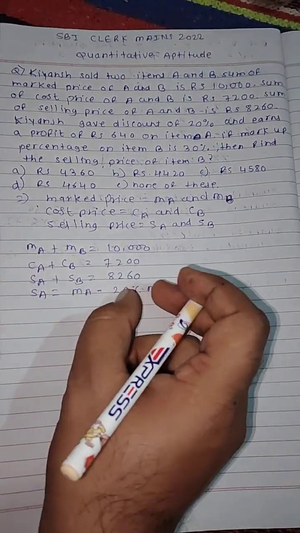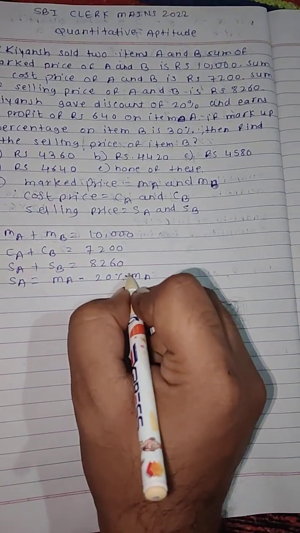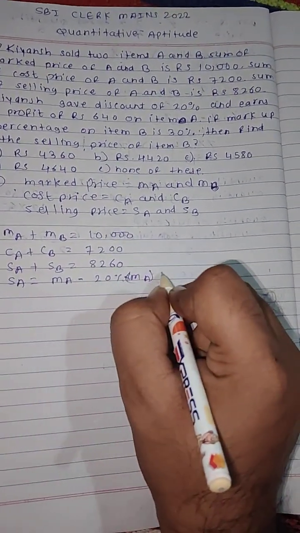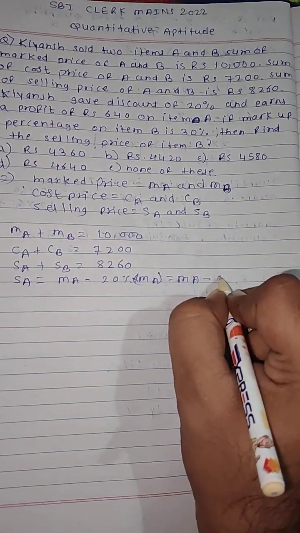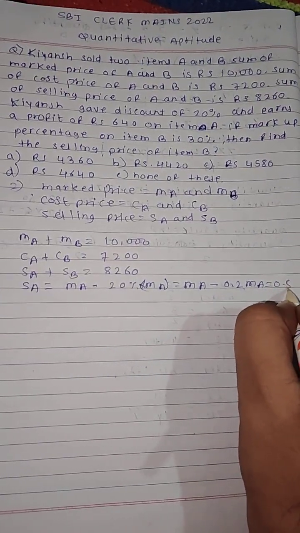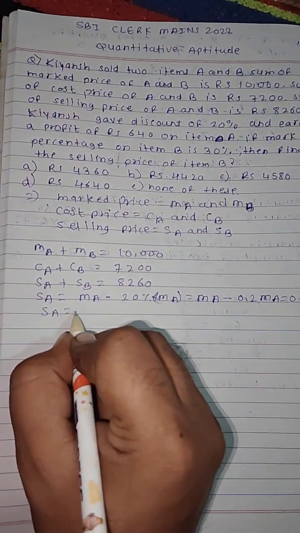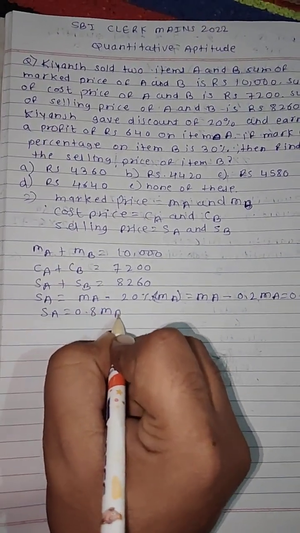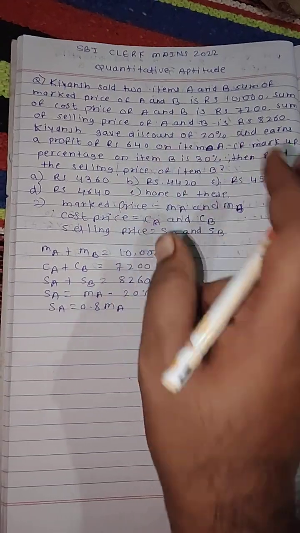So for MA, 20% means 0.2 MA, so it is 0.8 MA. So SA is 0.8 MA.